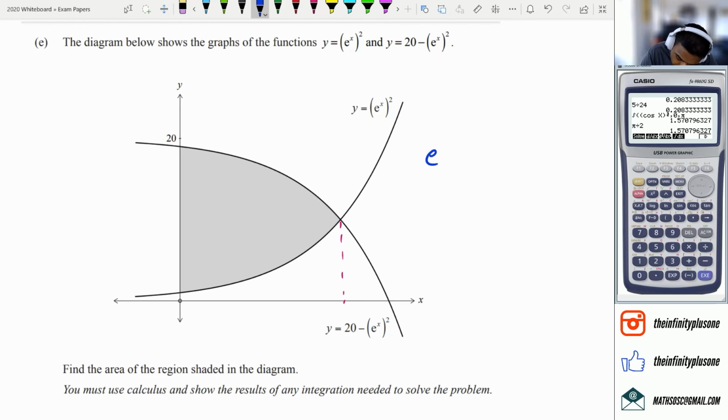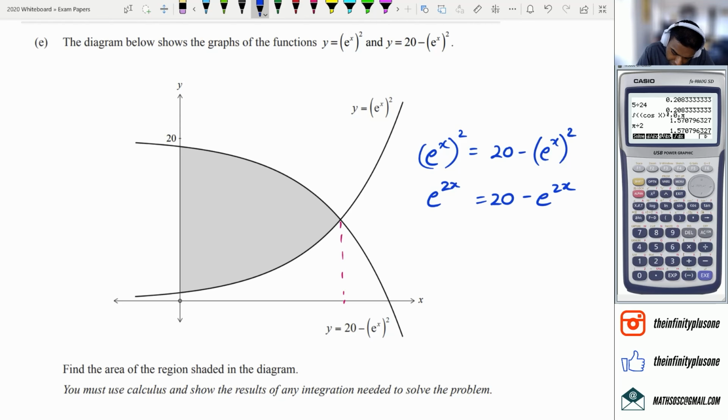So we've got e to the power of x squared equals 20 minus e to the power of x squared. Remember that when you have powers of powers, the two powers get multiplied. So this becomes e to the power of 2x equals 20 minus e to the power of 2x.